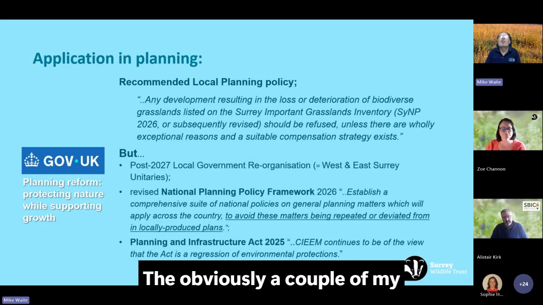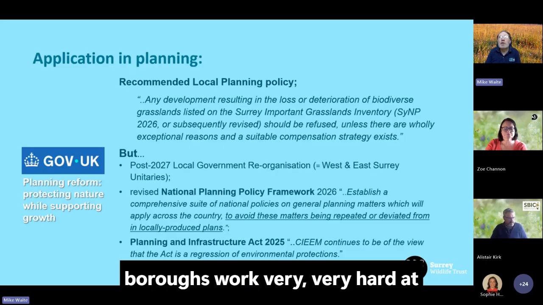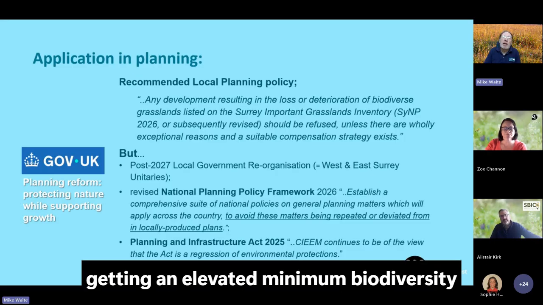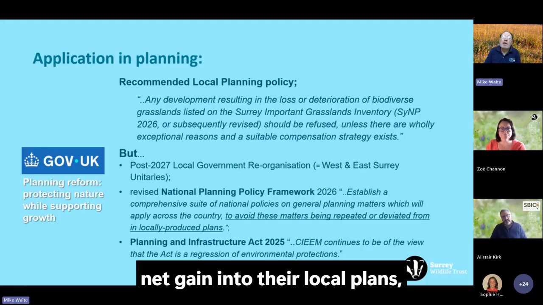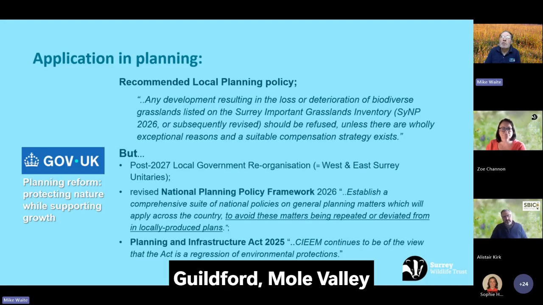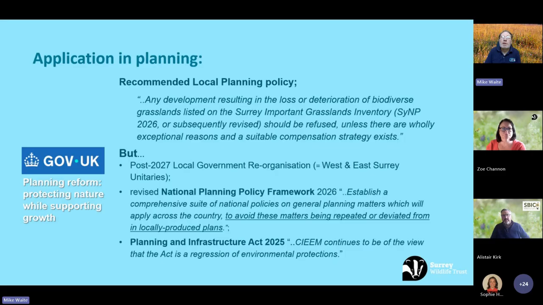Obviously a couple of our boroughs worked very, very hard at getting an elevated minimum biodiversity net gain into their local plans, Guildford, Mole Valley, and such.